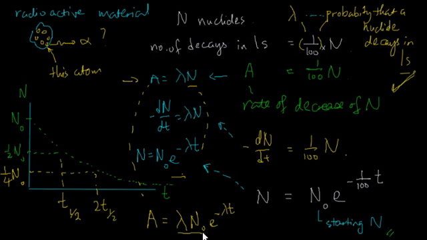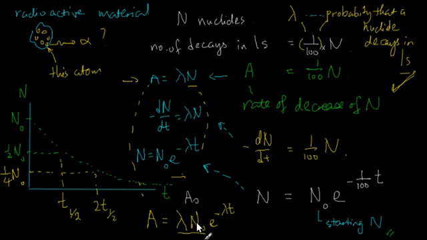So lambda n naught should be the activity at the start as well. I can call this a naught. So I have an equation now for the activity.